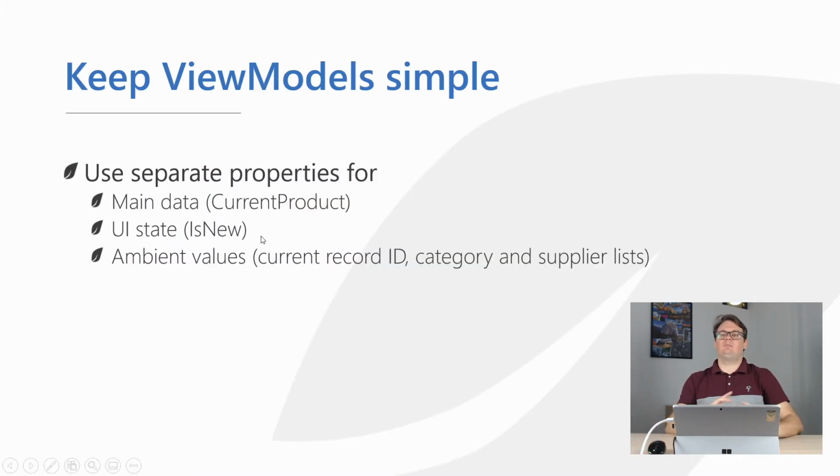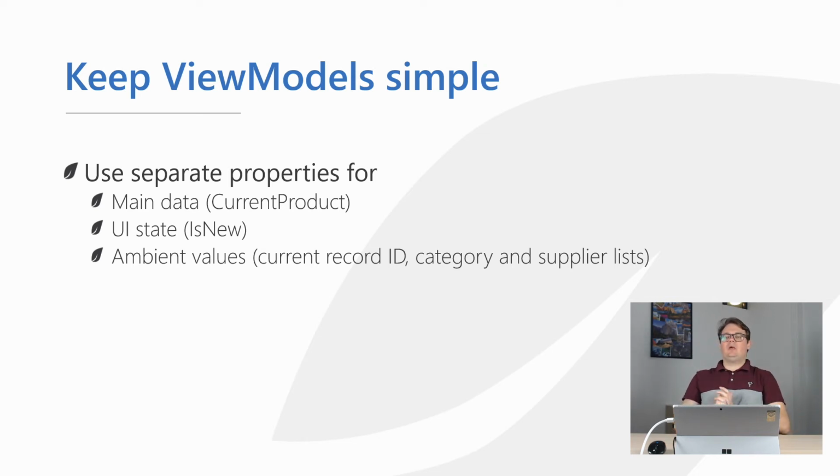Then there are some properties that are just indicating in which state the page should be. For example, it's the isNew property, because it's just a read-only flag that tells the page, okay, you are in the insert mode or you are in the edit mode. It's not stored anywhere. It's just state information about the page itself.